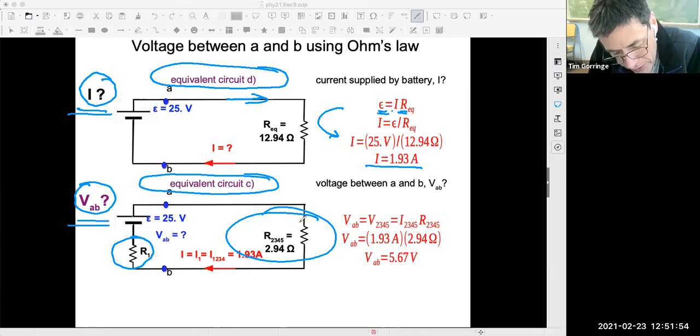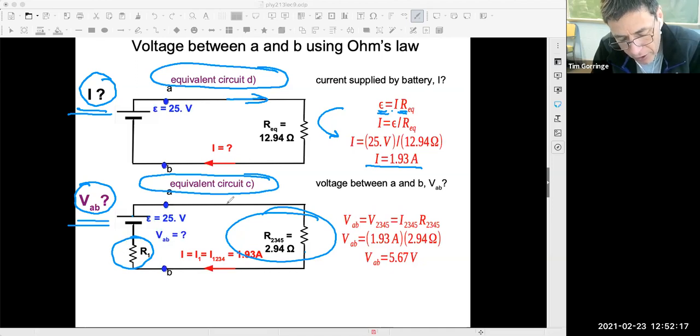That 1.93 amps is going to flow through R2, 3, 4, 5, and then it's going to flow back through R1 to the battery. So that current is flowing through each of these components, the equivalent resistor on the right, the original resistor on the left.